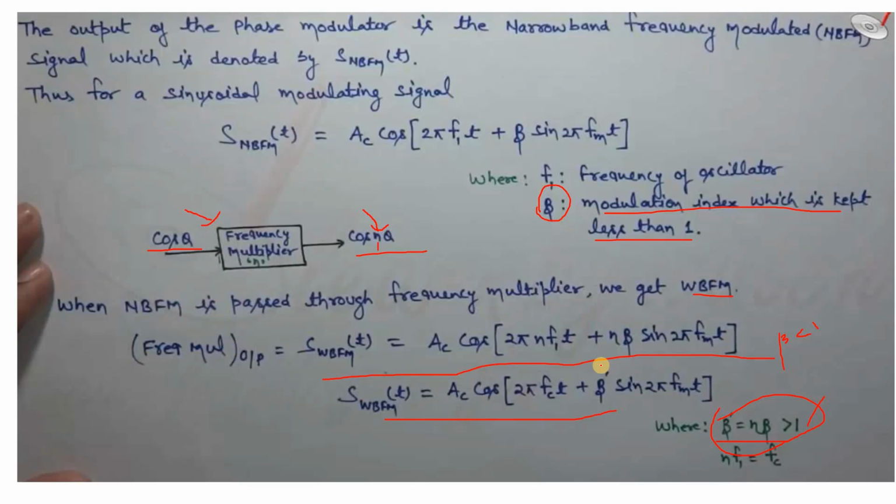Once you apply the multiplier, n is multiplied with beta, so a new beta comes, which is greater than 1. What about n f1? F1 was the oscillator frequency, which was very small, but for wideband frequency modulation we need to keep this frequency very high, so that it is multiplied already. You will get the resultant carrier frequency, called fc.